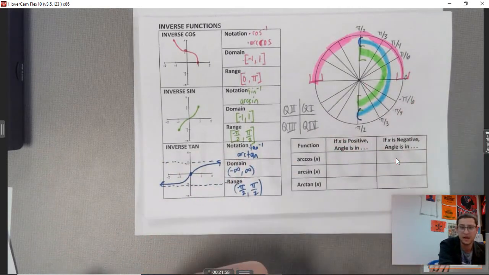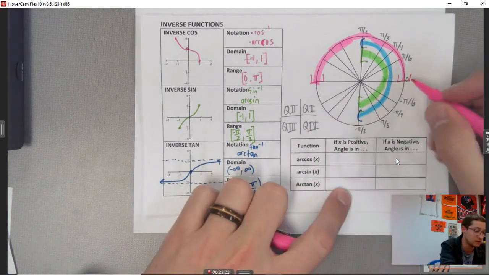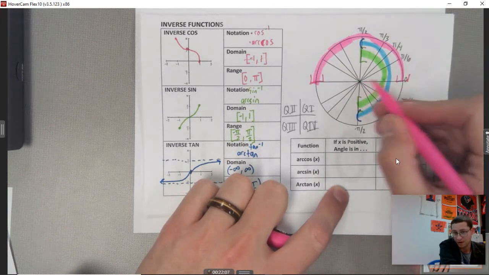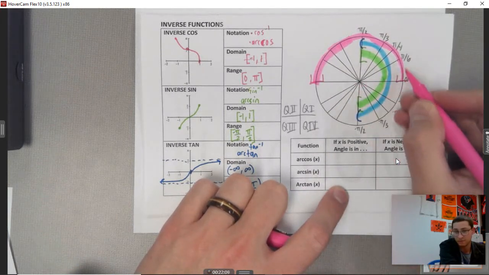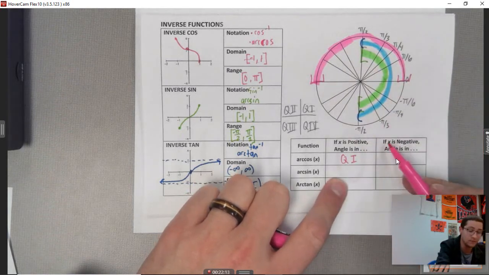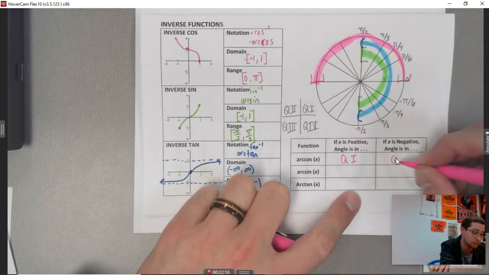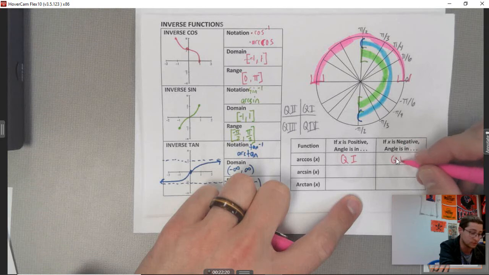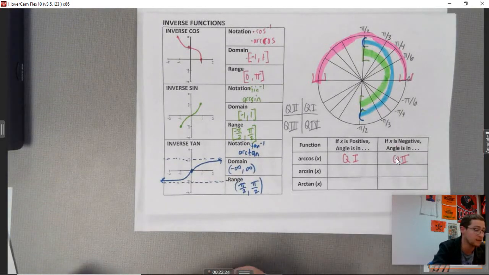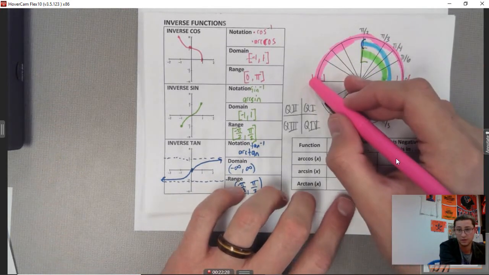What that's saying is if my x is positive, it is going to be in this quadrant up here. So here's your x, it's in quadrant 1. If x is negative, over here, in quadrant 2.